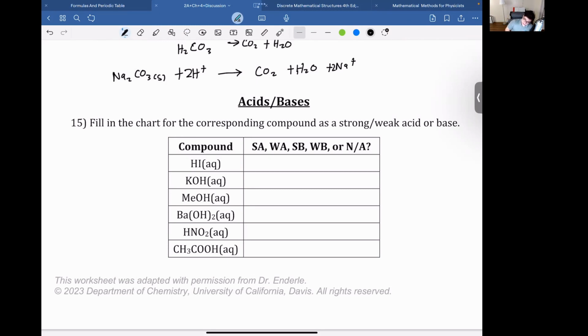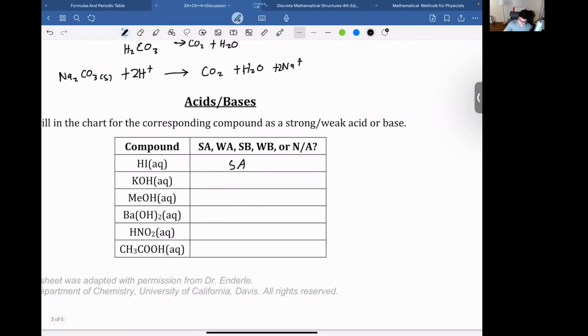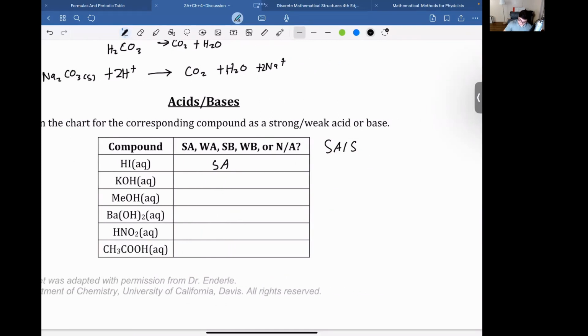or base. So HI, so H with any of the halogens, with the exception of fluorine, is going to be a strong acid. KOH, because potassium, so also I should say what constitutes a strong acid and a strong base. So a strong acid and a strong base fully dissolve.